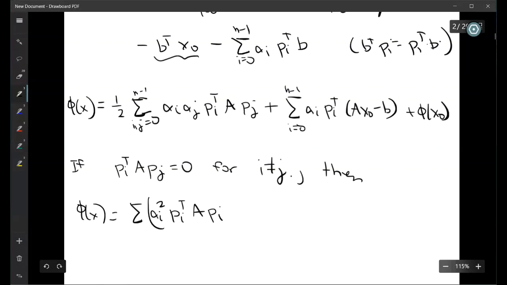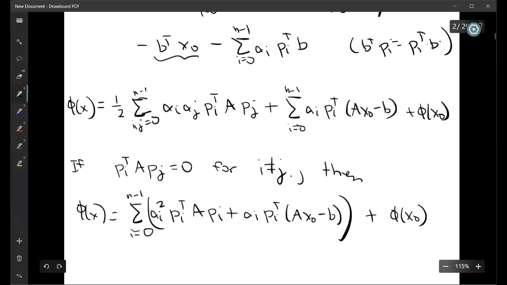And we can just close it there. And plus alpha_i p_i transpose (A x_0 minus b). That's for i equals 0 to n minus 1, and plus p of x_0.